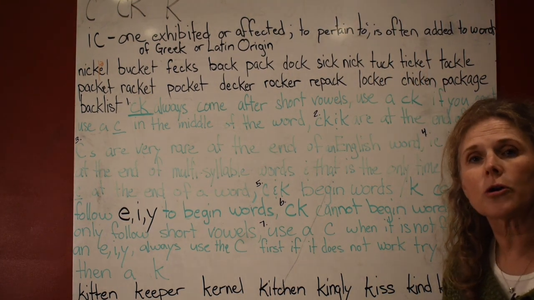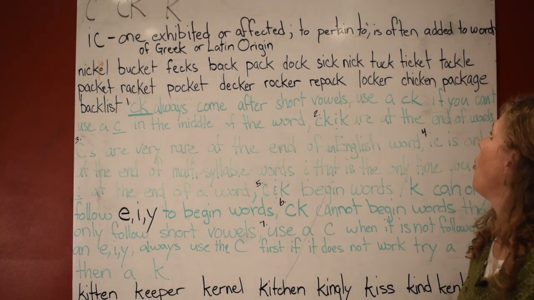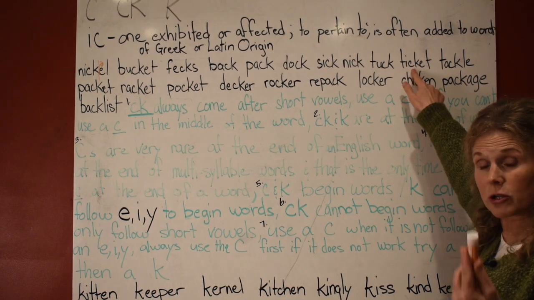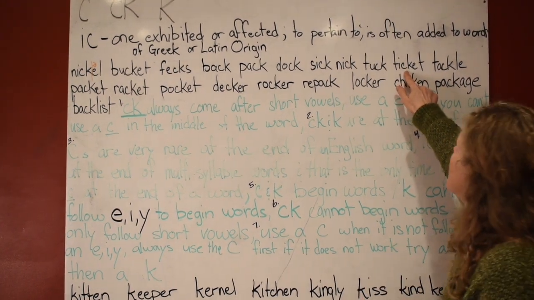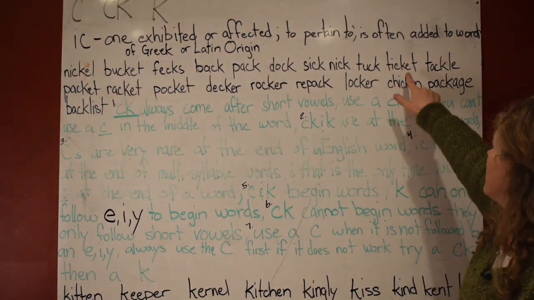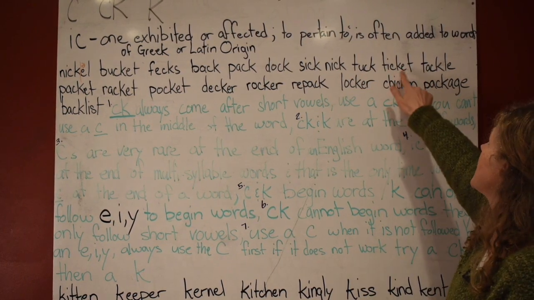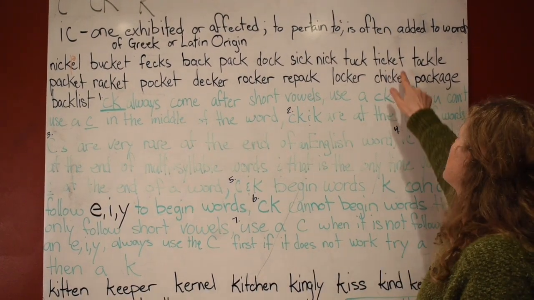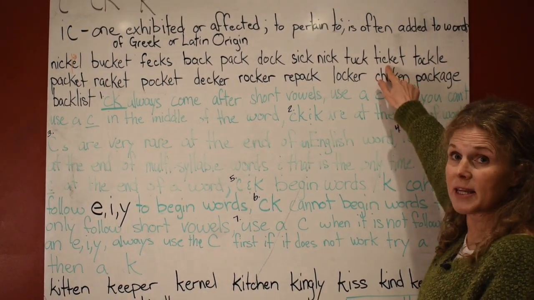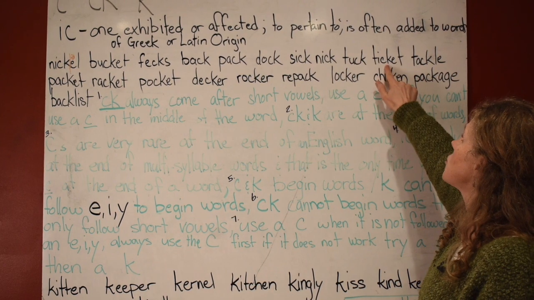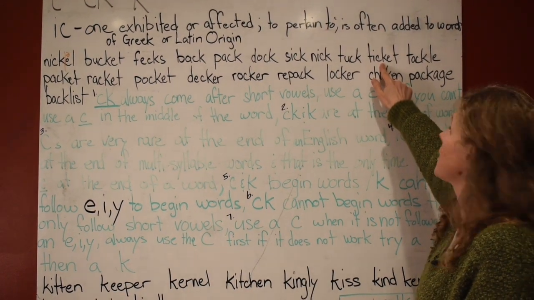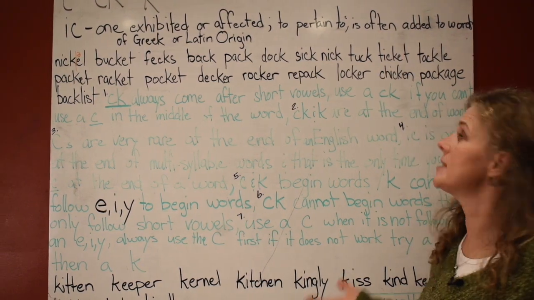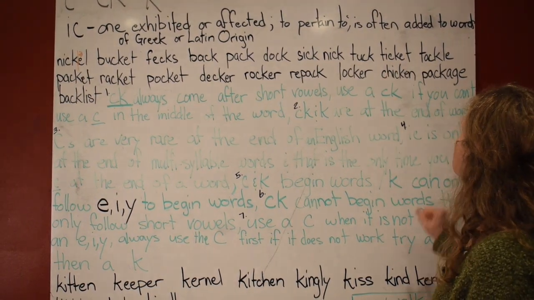It's a little bit harder when you're trying to figure out whether to put a C in the middle of the word, or a CK, or a K. Well, if you hear ticket, and it's following the short vowel sound, you know it is not going to be a C. If this is short, then you know it's a CK, and then you just add the CK, tick.